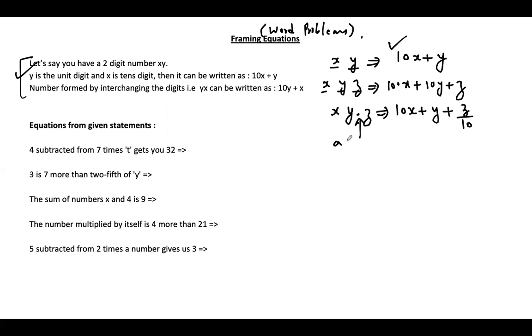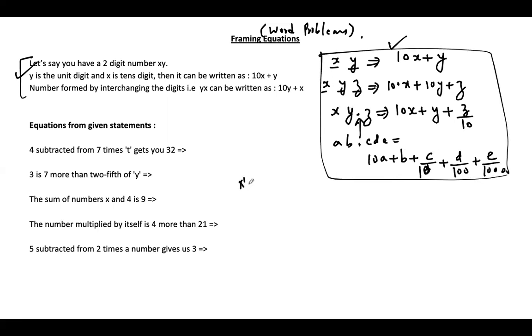So I'm saying ab dot cde. How will I write it? 10a plus b plus c by 10 plus d by 100 plus e by 1000. Please remember this, okay?